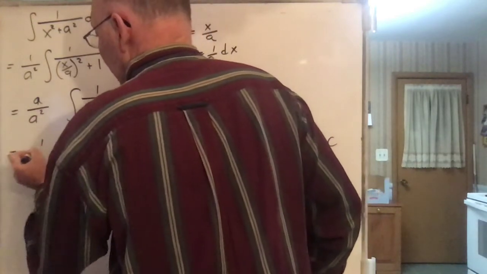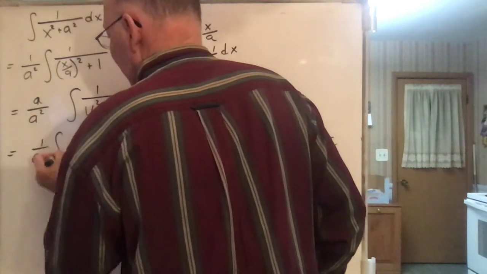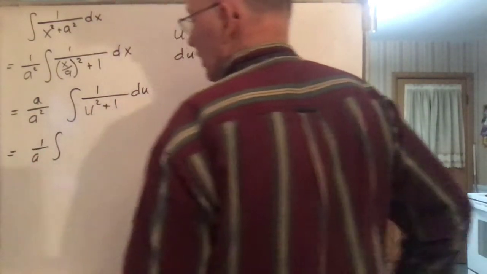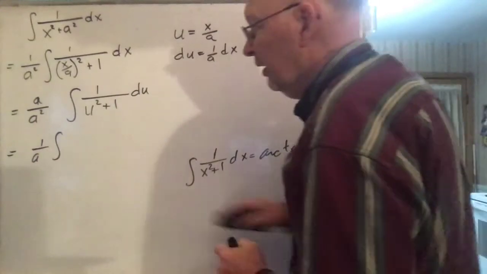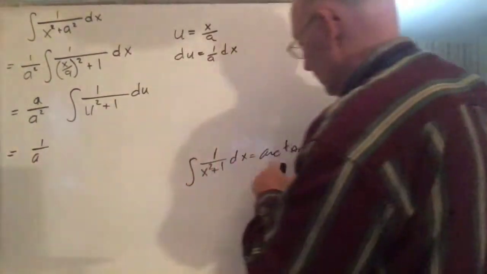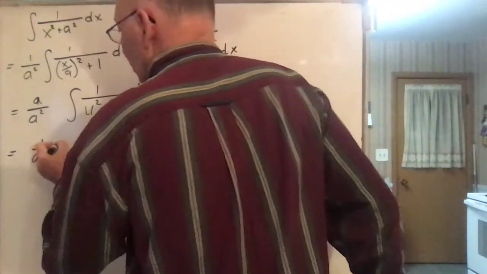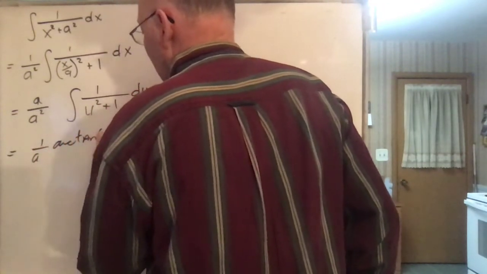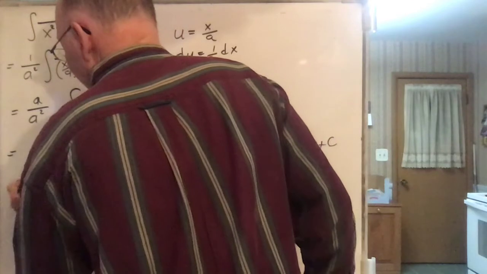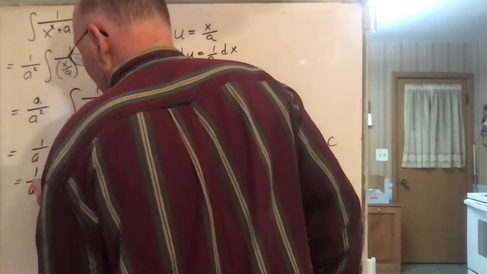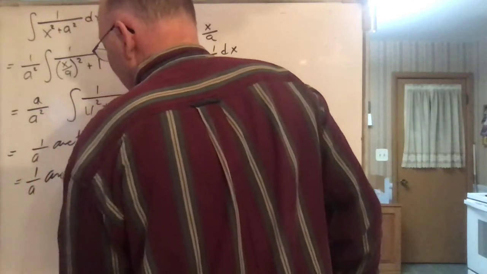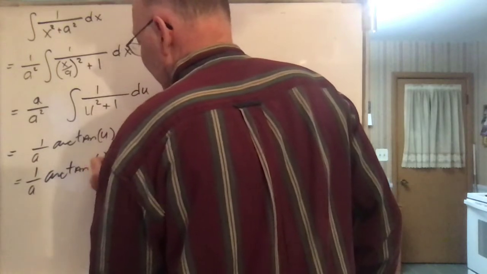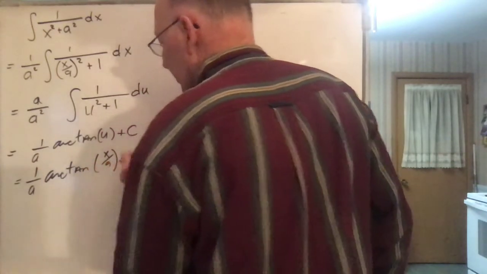And now this becomes 1 over a, and this is just the antiderivative of 1 over u squared plus 1, which we know is just the arctangent of u plus c. And finally, you can plug that back in and get arctangent of x over a plus c.